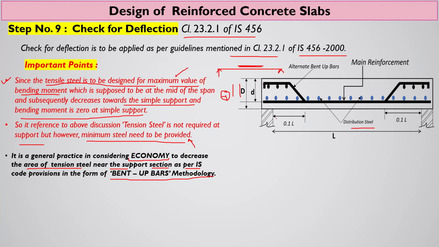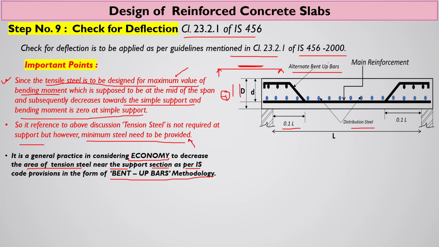You can say from the distance from the face of support, that is equal to 0.1 L, we are lifting the bar. So 50% bars we are lifting upwards. These are the alternate bent bars. That means if you have to provide 50 number of bars, then every alternate bar you can just lift, in the form of a bent up bar.